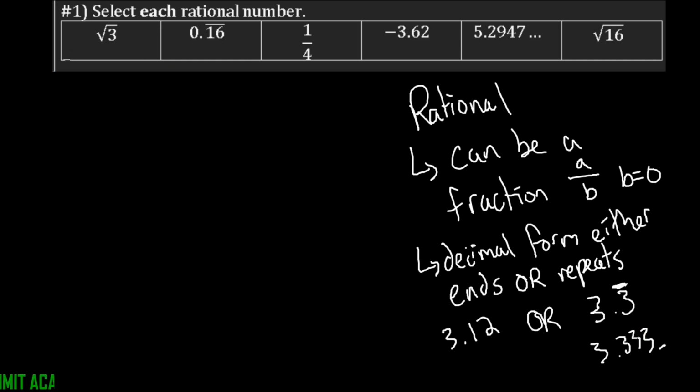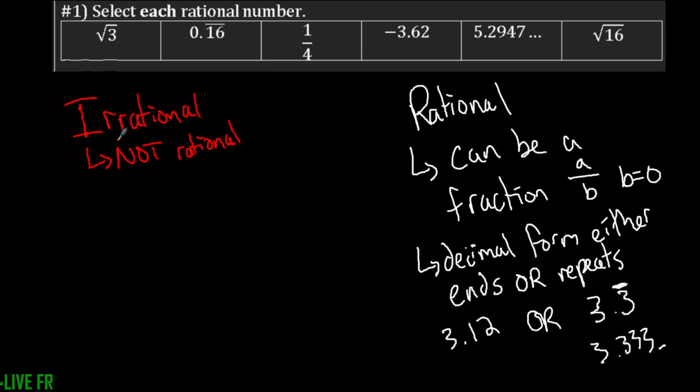And then things that are not rational are going to be called irrational. Again, this means not rational. What they look like is this. Again, they're not going to be a fraction because they're not rational.